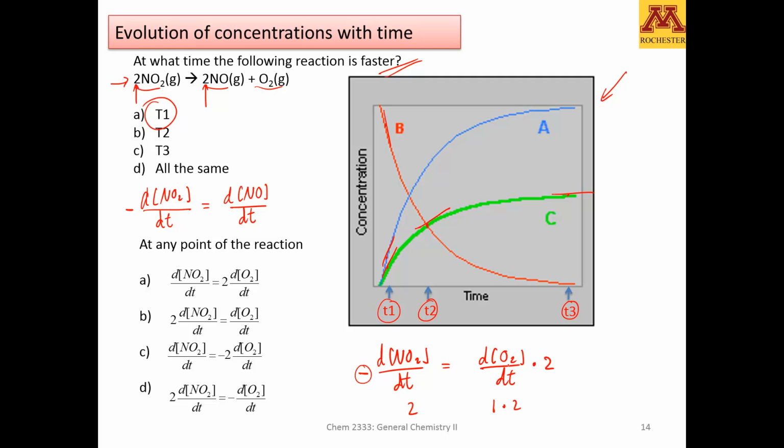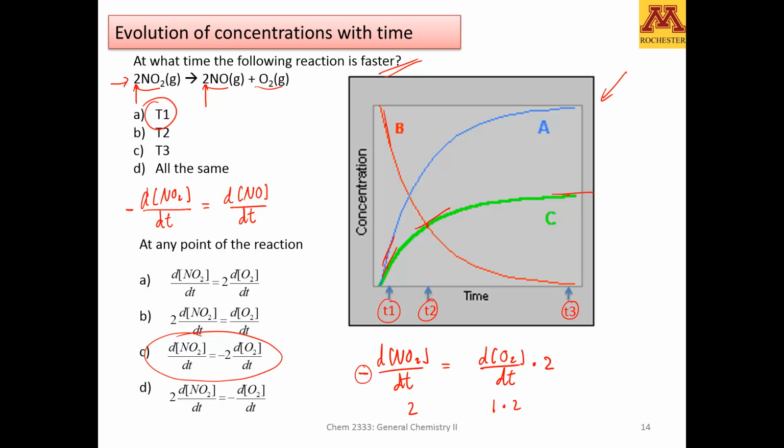So which one is the right option? If you notice, this is the right relationship at any point in the reaction between the speed or the rate at which nitrogen dioxide disappears and oxygen appears. Okay. Hopefully this makes some sense.